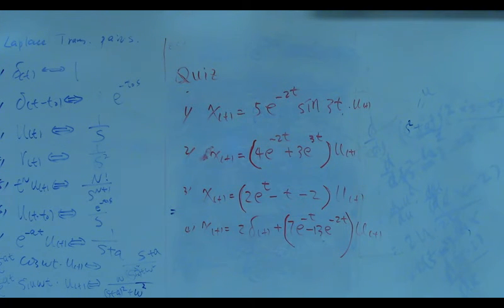This is good. That last one. Because you put u(t) in there. Look at the stuff in the parentheses multiplied by u(t).